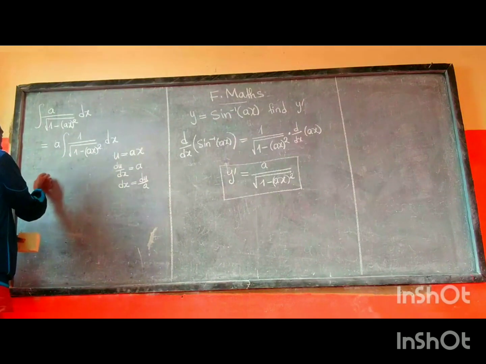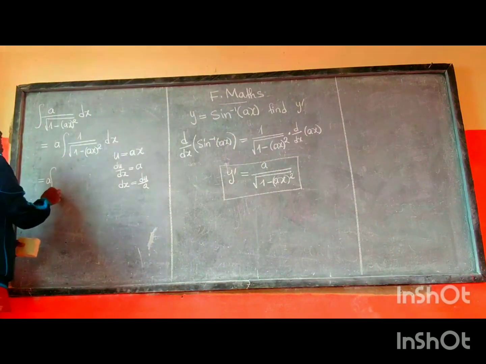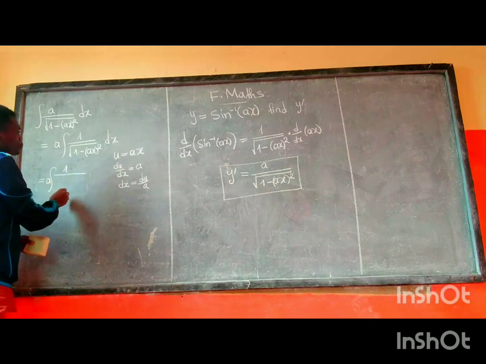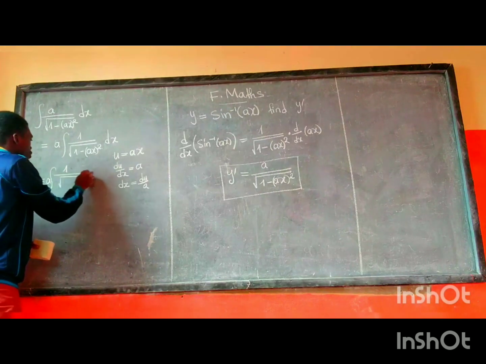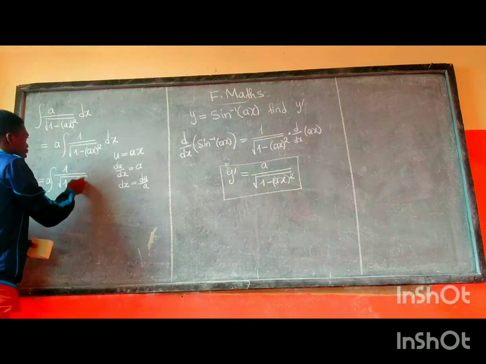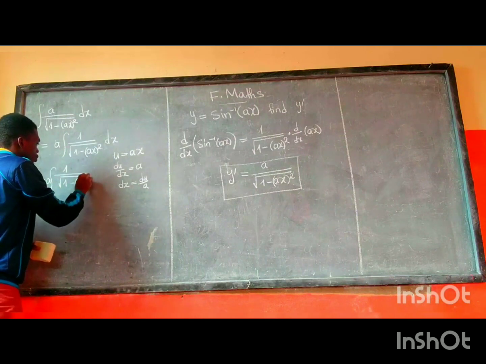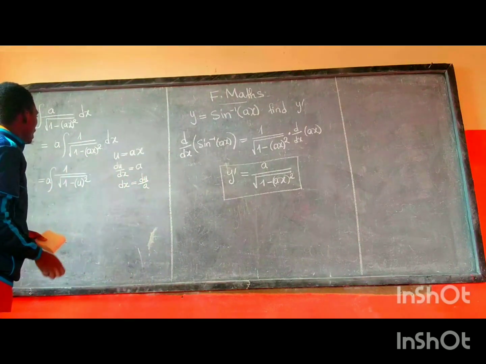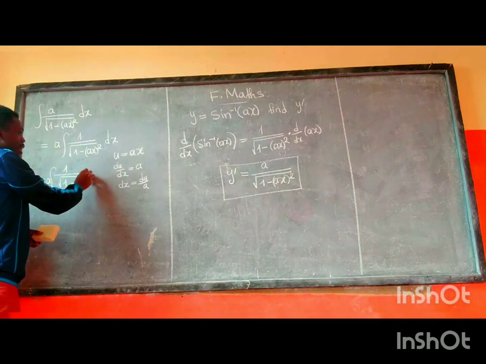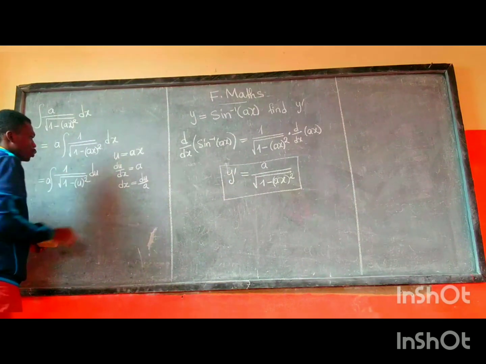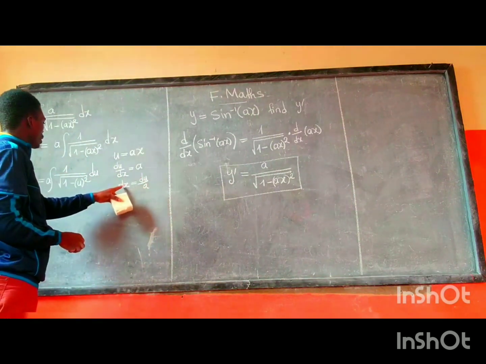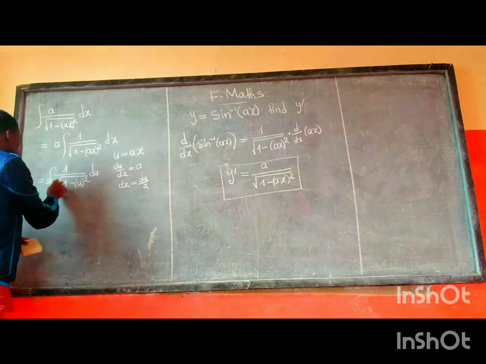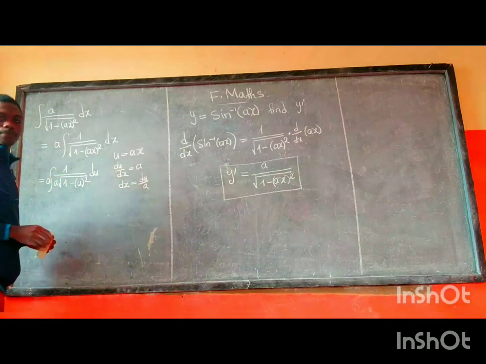So my integration becomes a times the integral of 1 divided by the square root of 1 minus u squared, because I have let u be ax. But now, instead of dx, I am integrating du, replacing dx with du over a.